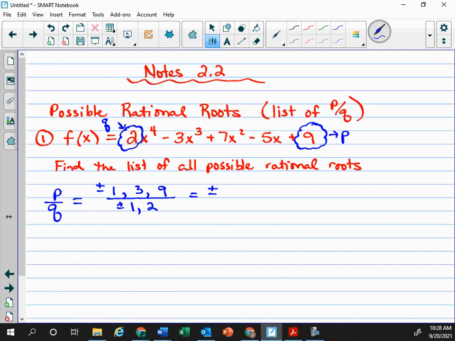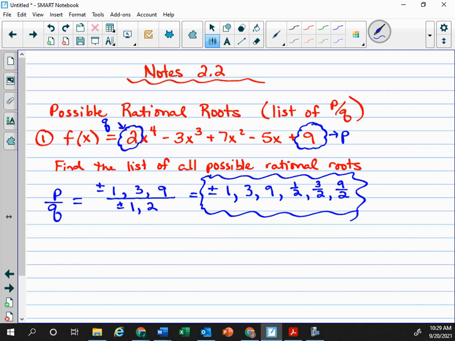I like to do each numerator over the first denominator, each numerator over the next denominator. I don't care what your plan is, but have a plan. Don't just willy-nilly make fractions, okay? So I would do 1 over 1, which is 1, 3 over 1 is 3, 9 over 1 is 9, and then each of them over the 2. So I would have 1/2, 3 halves, and 9 halves. And that is your answer.